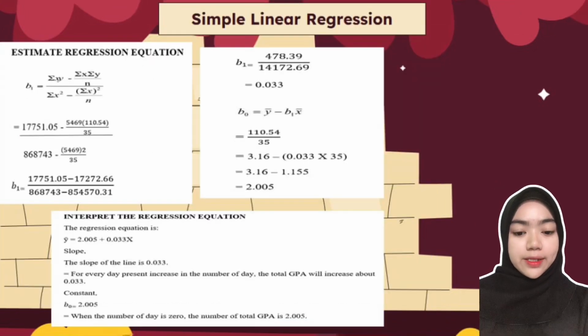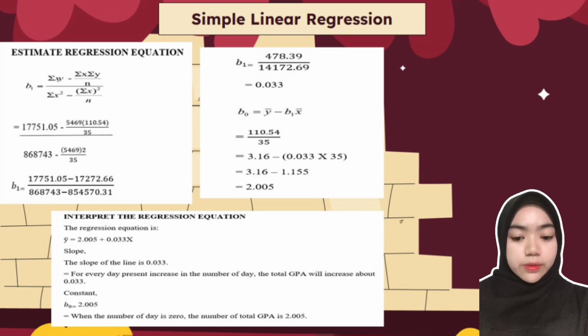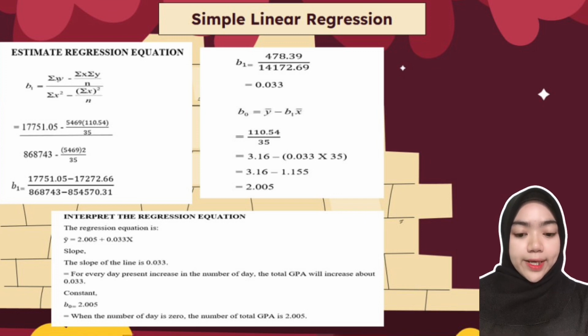Okay, for the last part is the estimated regression equation. For the estimated regression equation, we use the formula that has been given. You can see the slide. After we calculate using this formula, we got B1 equal to 0.033. For B0, after we calculate, we got 2.005. The interpreted regression equation is Y bar equal to 2.005 plus 0.033x.